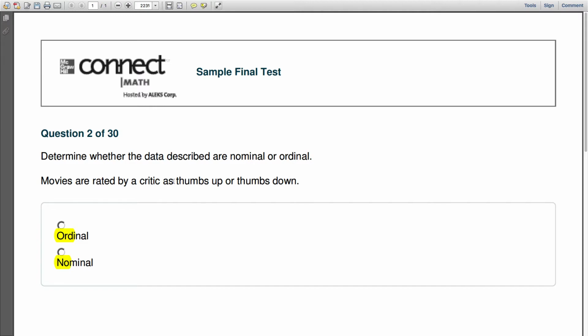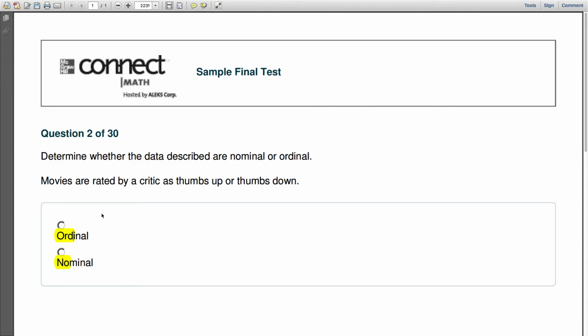But more frequently, the ordinal ones are things like small, medium, large, where you know that's the sequence they go in, or sometimes it's things like movie ratings, G, PG, PG-13, R. Those you know go from younger audiences to older audiences.